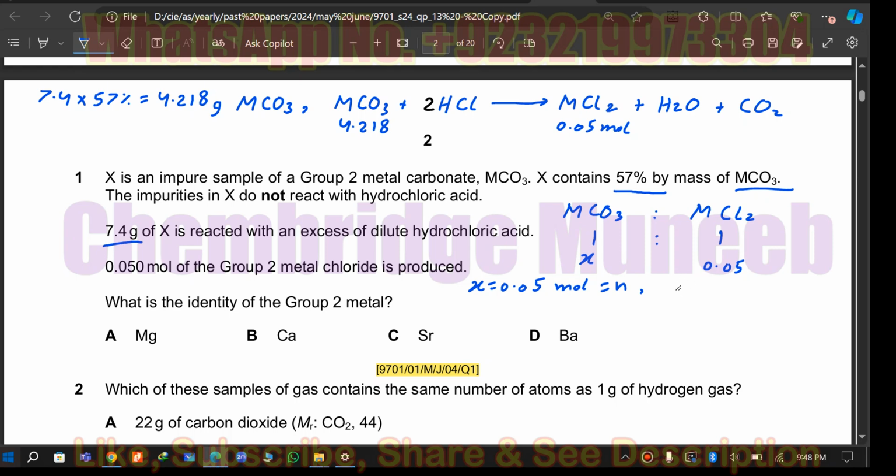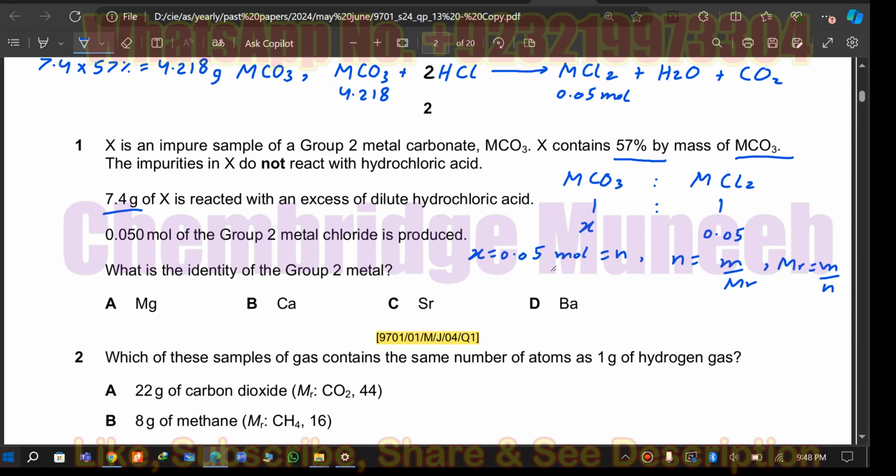And then, as we know that moles have this formula m over Mr, from this equation I can rewrite it to find the relative molecular mass, because we need to identify the metal present in M. So it will become small m over n.